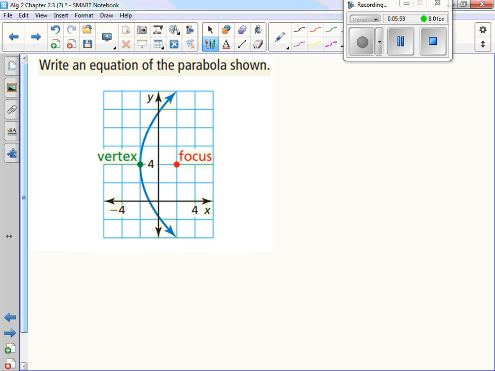So the next one here is opening to the right, yes? So we'll be using the same equation. x equals 1 over 4p times y minus k squared plus h.